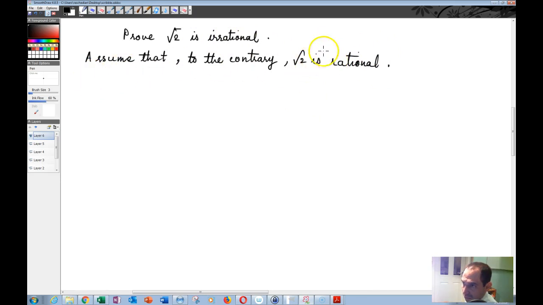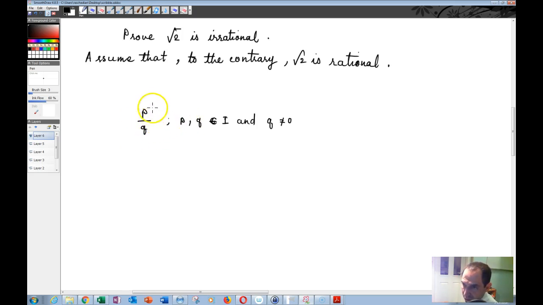If you know the definition of rational numbers, a rational number is a number that can be expressed as the ratio of two integers p and q, where p and q belong to the set of integers, and q is not equal to 0, because you're not supposed to divide by 0.